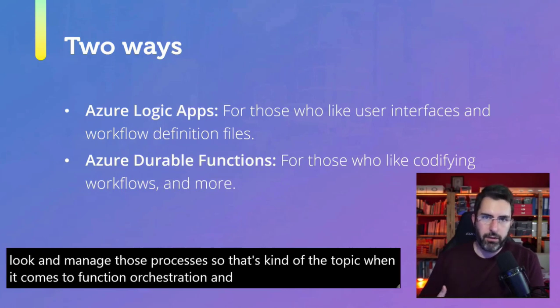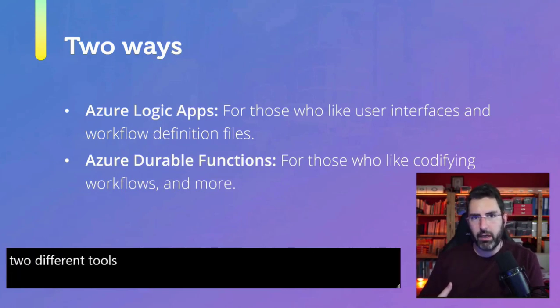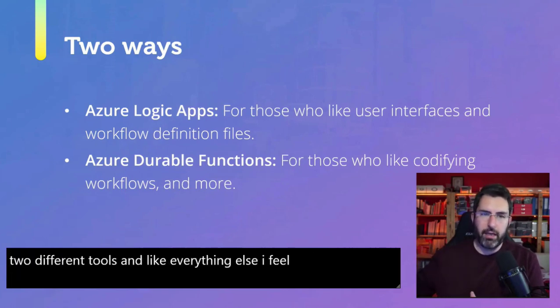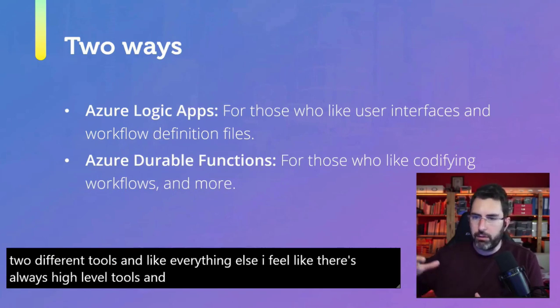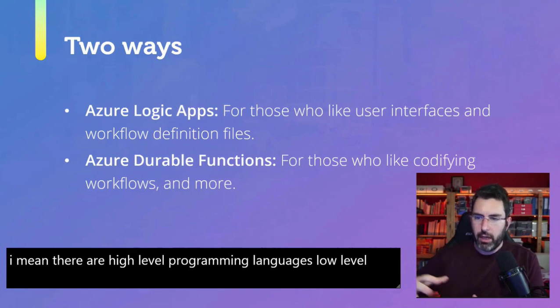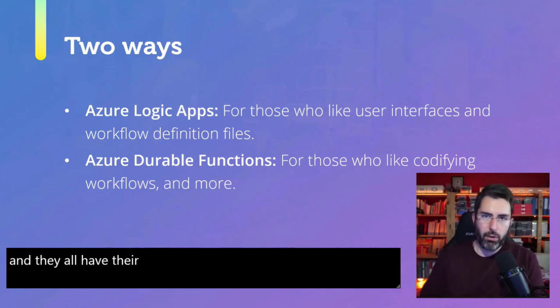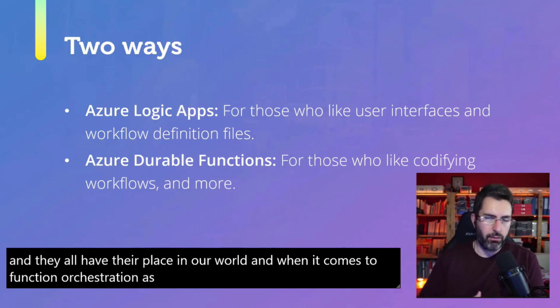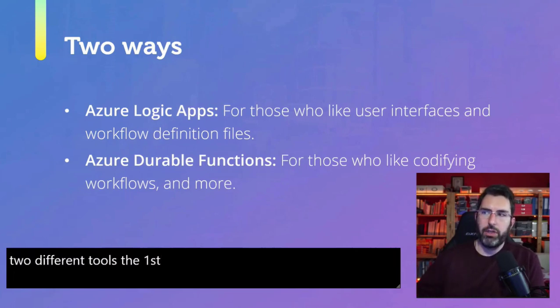And we got two different tools. Like everything else, there are always high-level tools and low-level tools. There are high-level programming languages and low-level programming languages, and they all have their place in our world. When it comes to function orchestration as well, we got two different tools. The first one is Logic Apps.